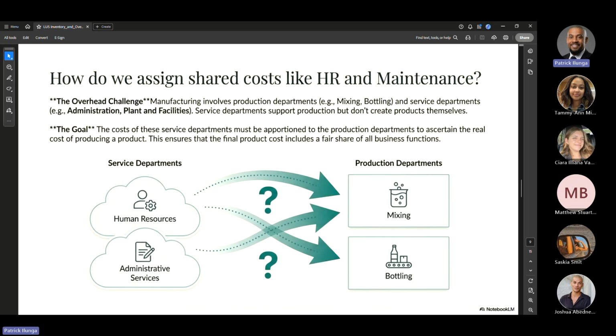Remember when we talked about production department and when we talked about service department? Do all of you understand that concept? Production department and service department. Service departments are there to simply assist, to support the production. Does that make sense? Can you look at the picture in front of you? Is this making sense?